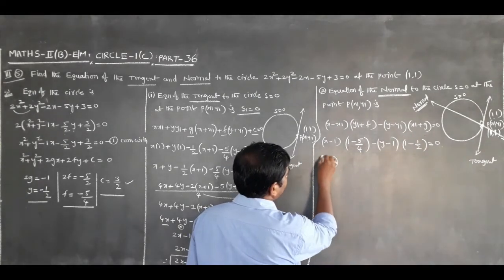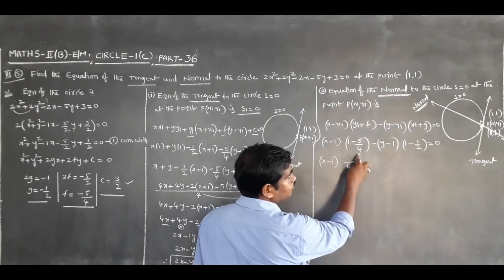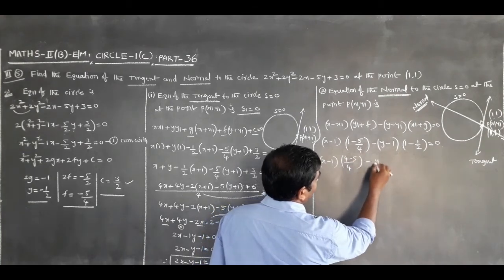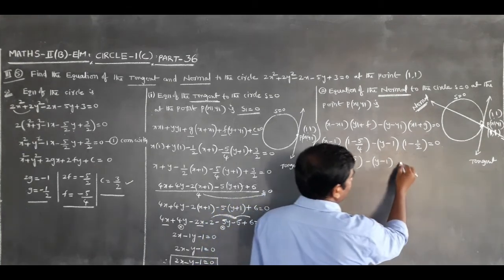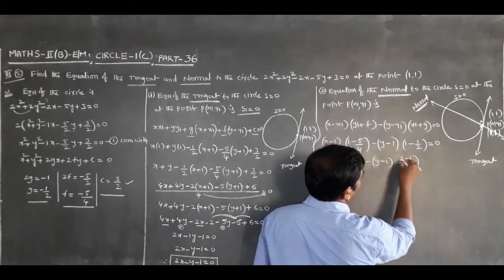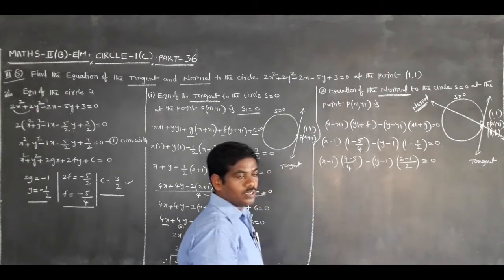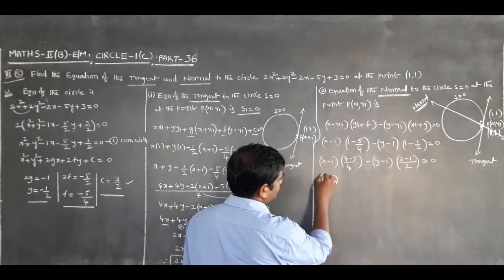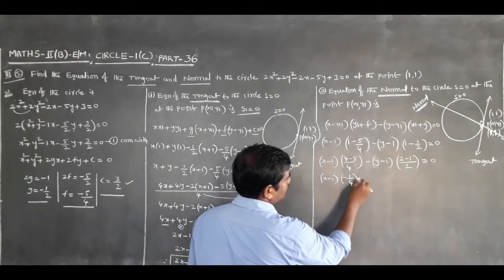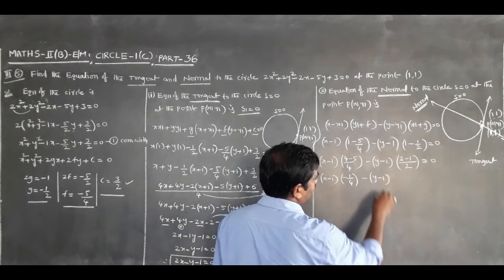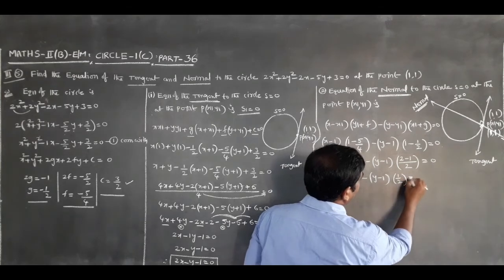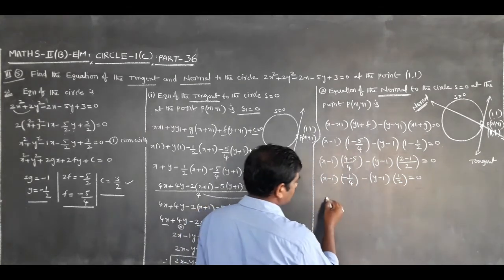(x minus 1) into, here LCM 4, 4 ones are 4, minus 5, minus (y minus 1) into, here LCM 2, 2 ones are 2, minus 1 is equal to 0. (x minus 1) into (4 minus 5) minus 1 by 4, (y minus 1) into (2 minus 1) 1 by 2 is equal to 0.